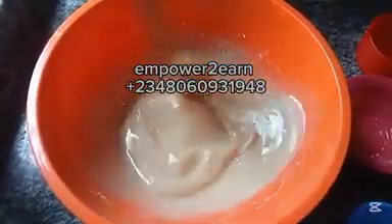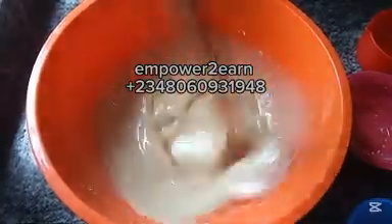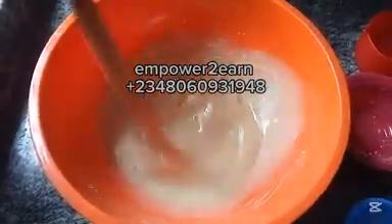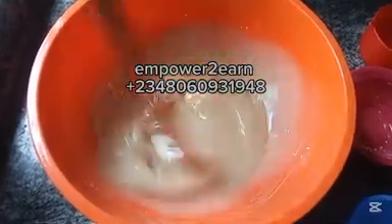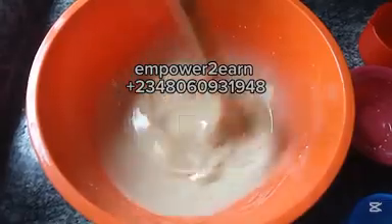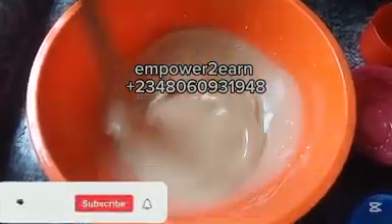So blend it together very well. It takes a little time, but just continue stirring for you to have a perfect blend. Calcium carbonate is a white chalky mineral used as a filler in soap making to reduce cost, increase hardness, and add bulk. The next ingredient I'll be adding is my lye solution.